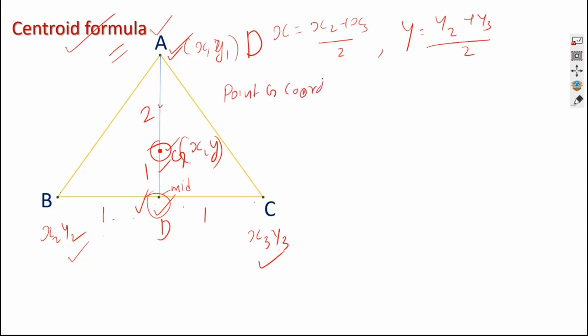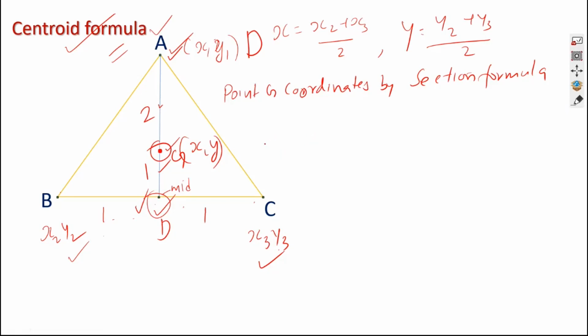How will we be getting it? By using सेक्शन फार्मूला. सेक्शन फार्मूला तो हमने अभी derive किया था, हमको बाय हार्ट भी है. Correct. Section formula we will apply here.